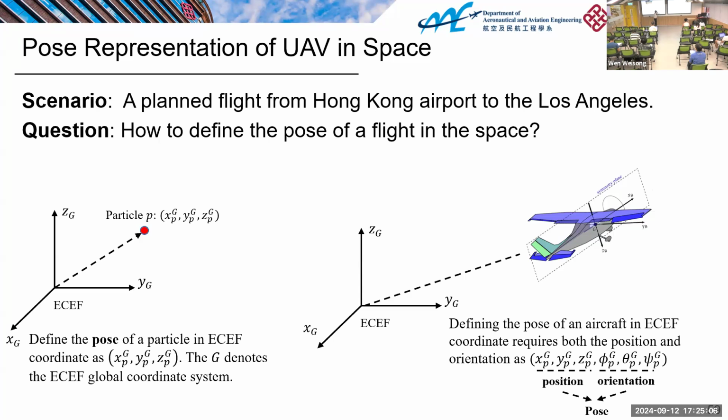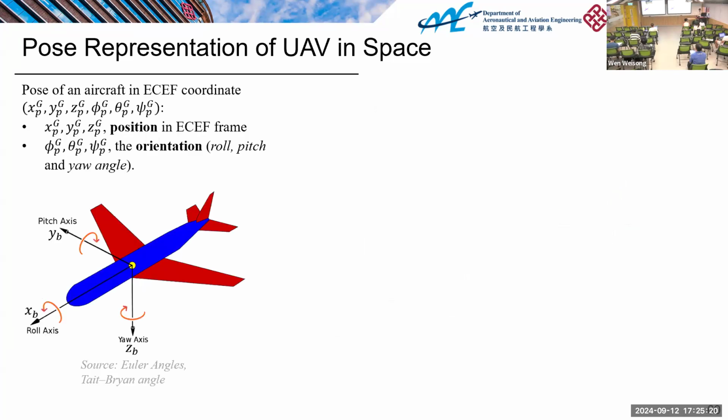This is called position, and this is called orientation. Sometimes you can also call this attitude. So the pose includes two parts: the position in ECF, and roll, pitch, yaw.